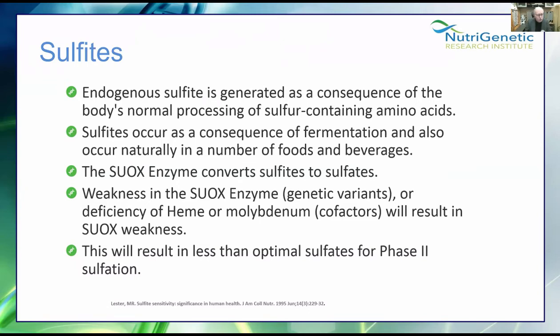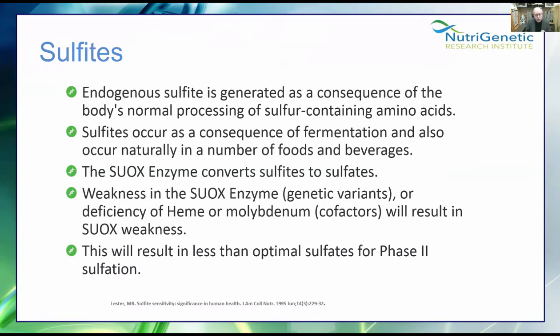Okay, and sulfites, of course, are also in fermentation, and that SUOX enzyme converts the sulfites to sulfates. But in addition to molybdenum, heme is a cofactor. So if we do not have enough heme, sulfites don't turn into sulfates. So sulfites stimulate NOX. And as you know, sulfation is a very important phase 2 detox pathway.